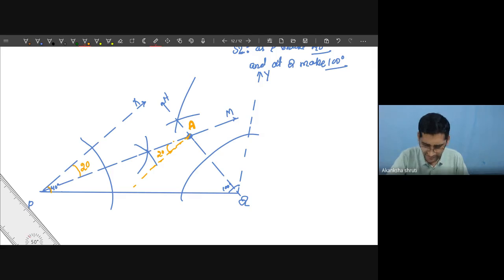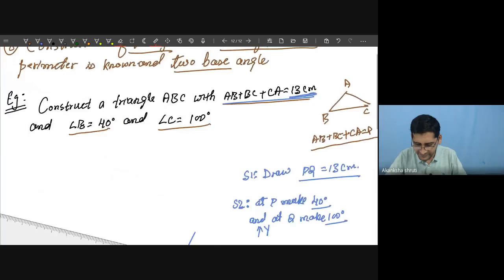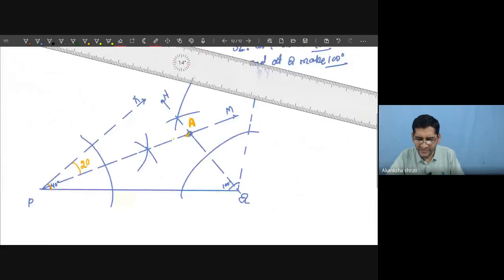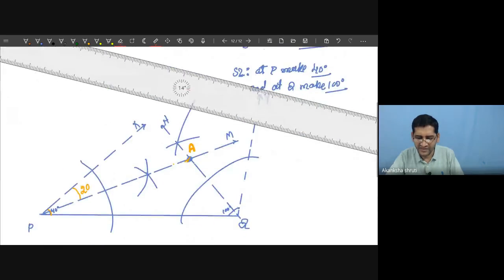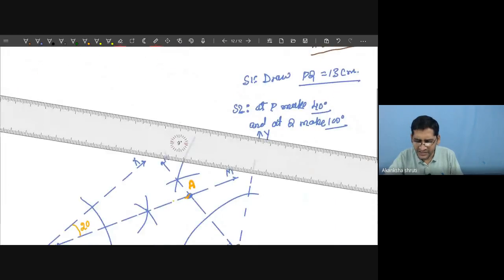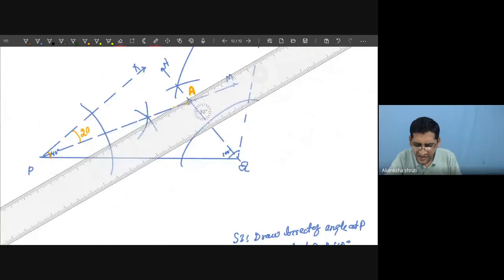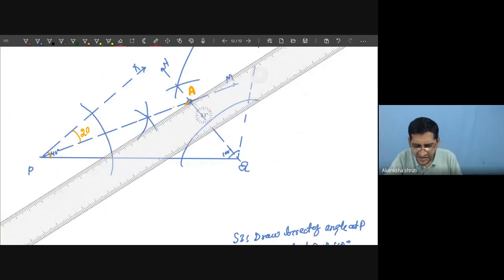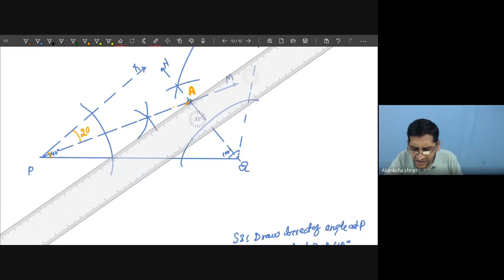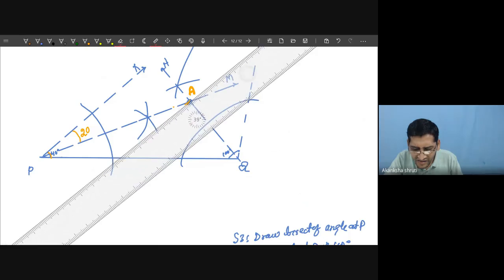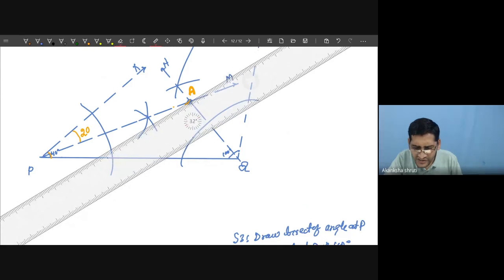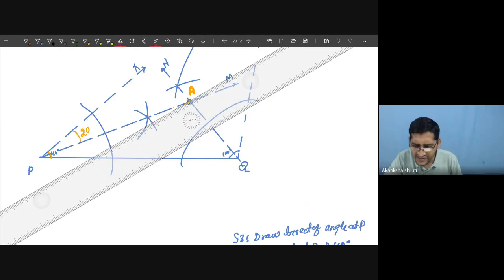I'm going to take the scale and quickly draw it. The 20 degree we have to make here for finding the B. Students, let me take the 20 degree. Here we are getting that the 20 degree angle will form automatically here at the center.